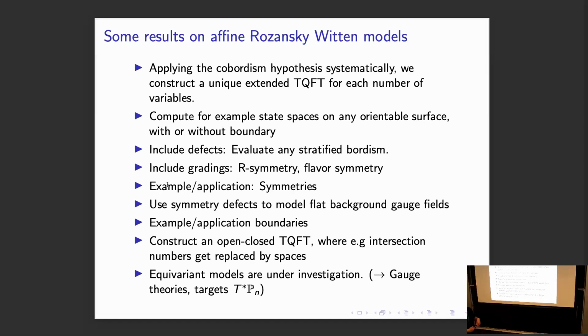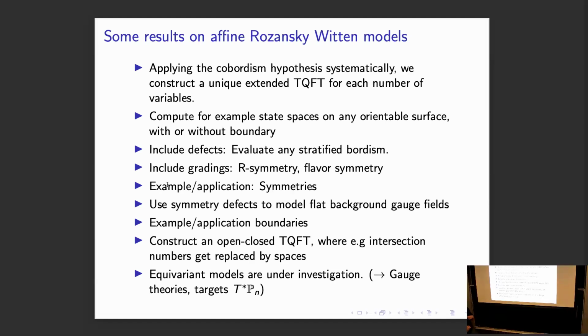And indeed, in this way, what one models are flat background gauge fields. They are only background gauge fields because I didn't do an orbifold construction, but just put some generic defect networks. I did talk a little bit about boundaries and an open-closed TQFT and how intersection numbers get replaced by spaces.